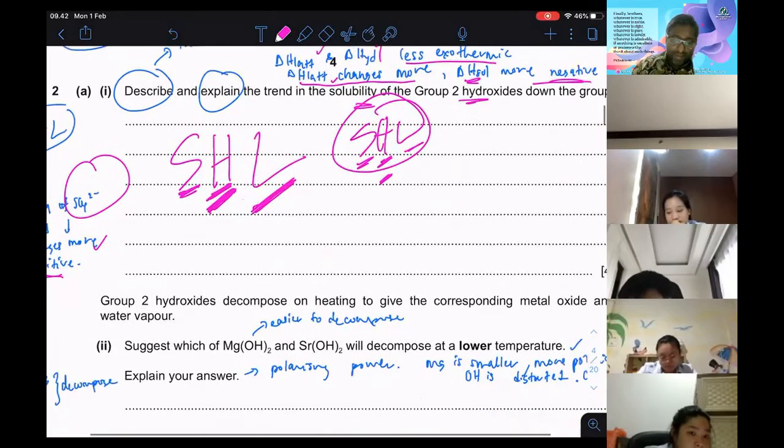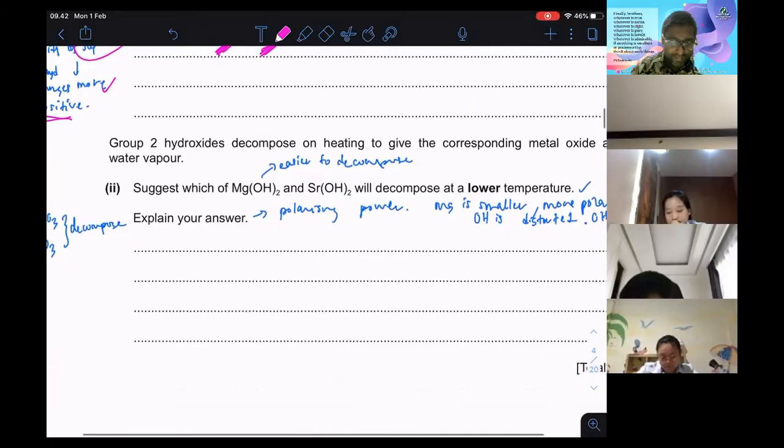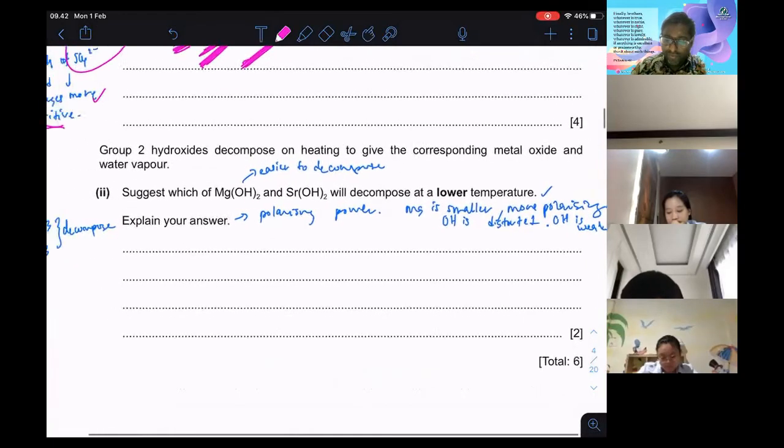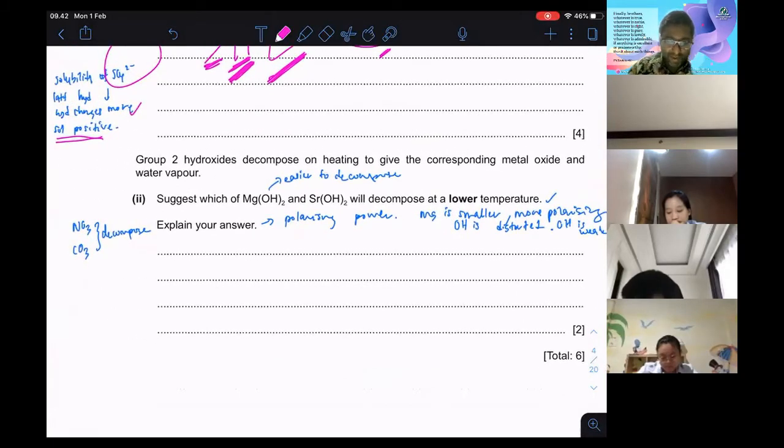Next, group 2 hydroxides decompose on heating to give you the corresponding metal oxide and water vapor. Here they are asking you which one will decompose more easily, magnesium hydroxide or strontium hydroxide.